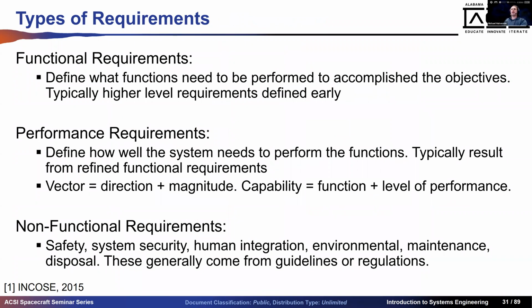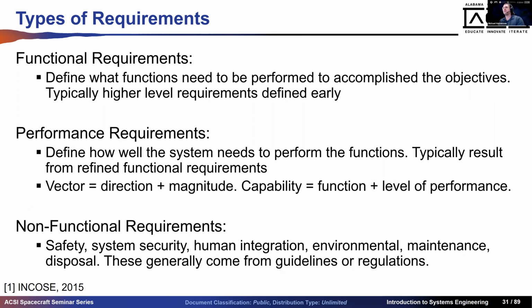We're going to talk about three types of requirements: functional, performance, and non-functional. So functions are unitless. Functions either do or do not. There is no try. This is something where if something needs to lock or unlock, it's going to latch or unlatch. That is just what happens. It does that thing.